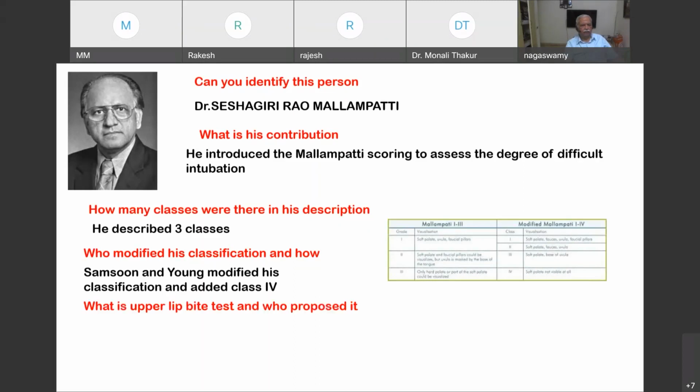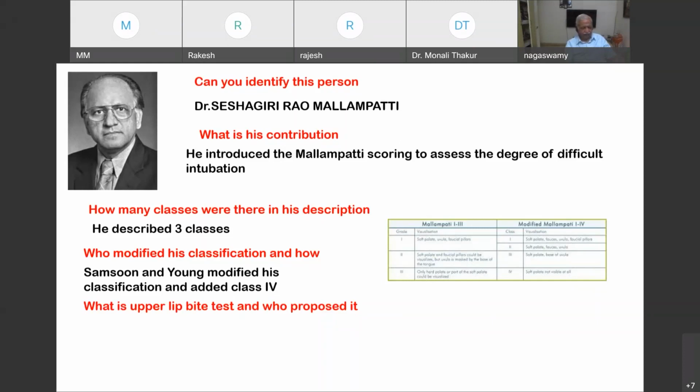What is the upper lip bite test and who proposed it? This is a recent test added for airway assessment. How do you do the upper lip bite test? Ask the patient to bite his upper lip, and then we see the level at which his teeth reach.